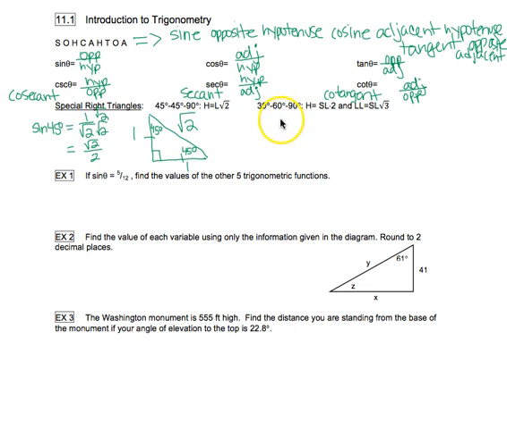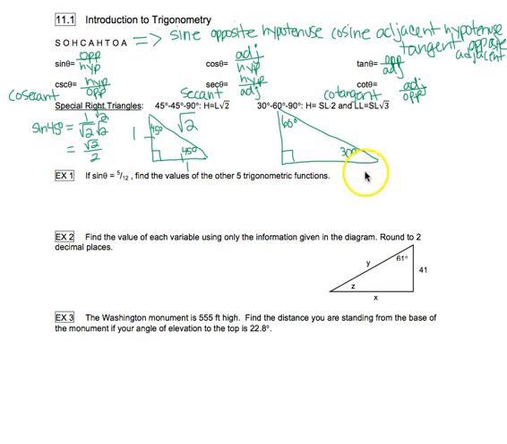Similar idea in a 30, 60, 90. So this is 30 degrees, this is 90, and this is 60. Then we have hypotenuse equals short leg times 2, and long leg equals short leg times radical 3, is what we learned in geometry.